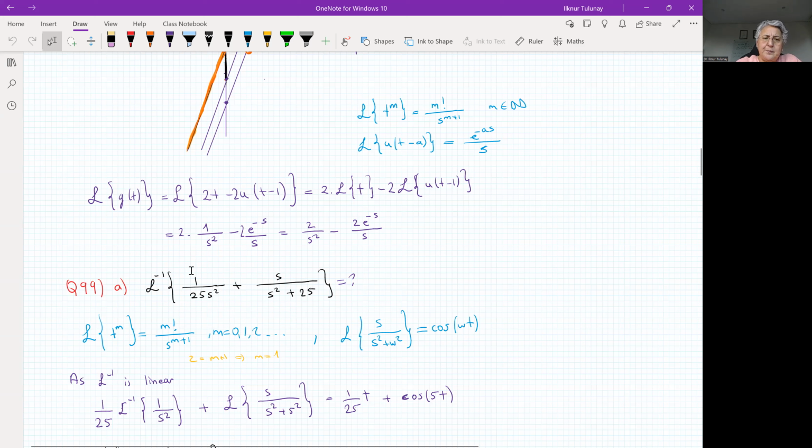The Laplace transform of t to the m is given by m factorial over s to the m plus 1. So the inverse of this will be t to the m. This is vice versa. And the Laplace transform of... I need to have an inverse here.